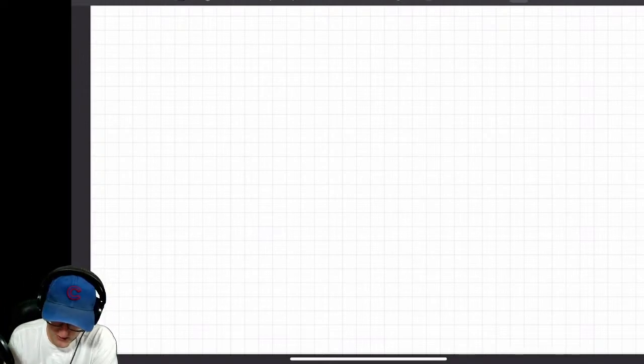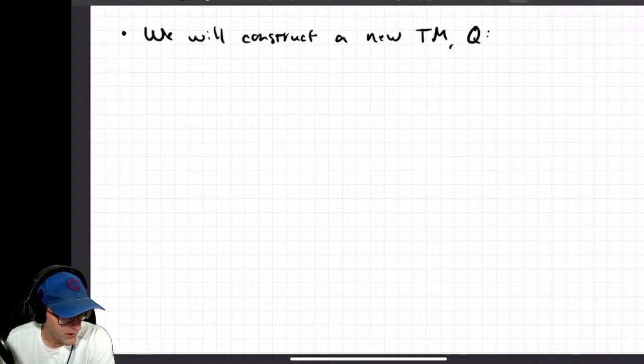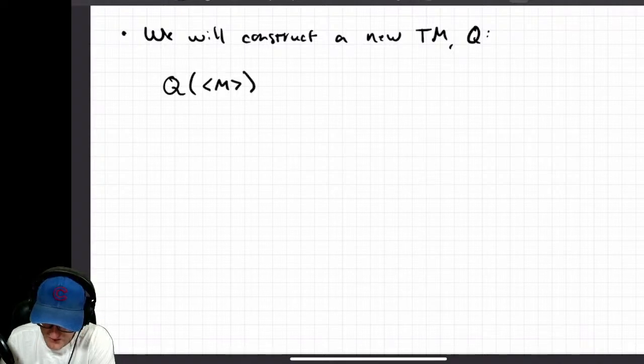So now let's go ahead and construct a new Turing machine, Q, as follows. Q is going to take another machine as input. I'll label it as M generically.